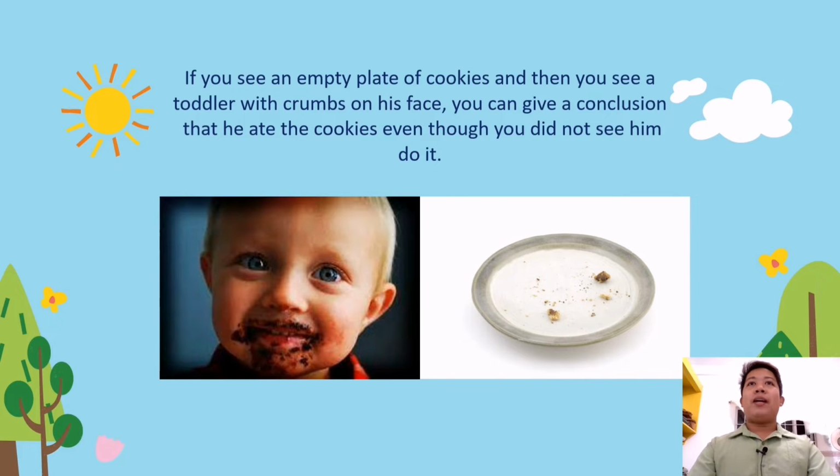Next, you have to search for clues like the crumbs on the toddler's face or what you can directly see or in the case of a text, what the author directly tells you. Lastly, using logic, reasoning, and prior knowledge, you can already give or draw a conclusion.